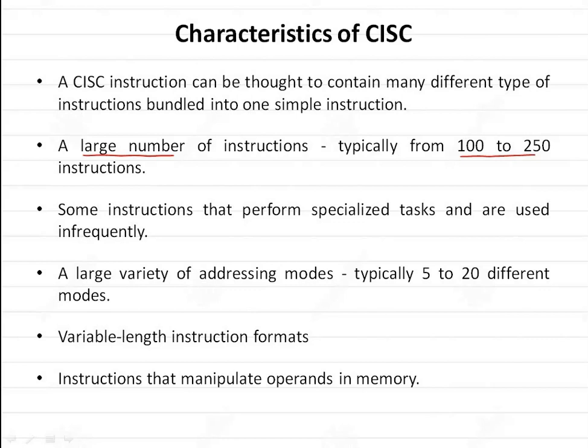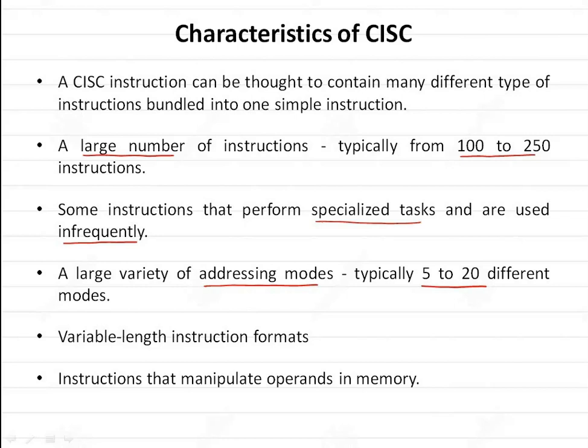Thirdly, these instructions generally perform some kind of specialized task, and since such specialized tasks are used very infrequently, the instructions corresponding to them are used very rarely. Along with it, the CISC architecture supports a large number of addressing modes. There could possibly be 5 to 20 different addressing modes available in CISC architectures.